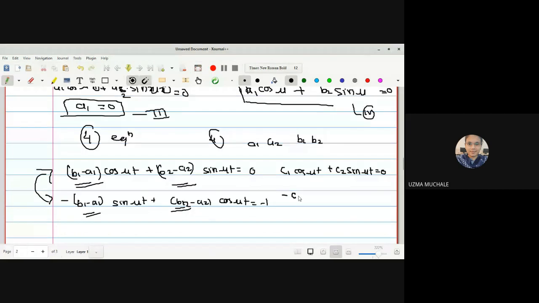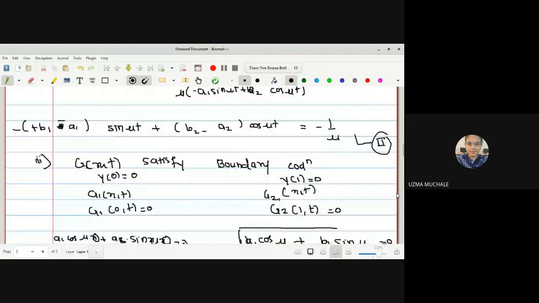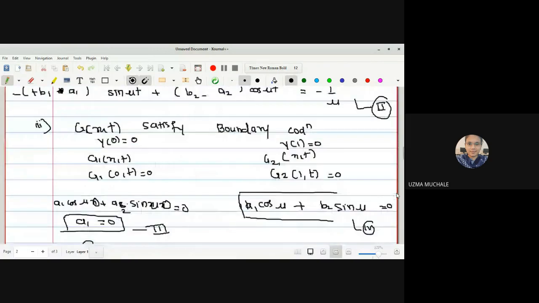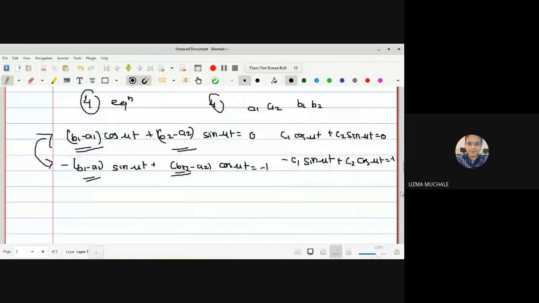Another equation is minus C1 sin mu t plus C2 cos mu t equal to minus 1 upon mu.